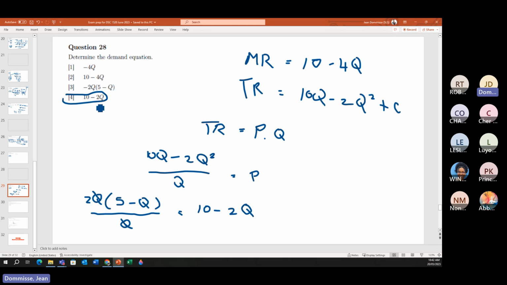But obviously there you can see if you didn't divide by Q, that is what you nearly would have gotten as one of the answers. If you use just your previous marginal revenue, you would have gotten that. And if you only used the 4Q in this one, you would have used that one.